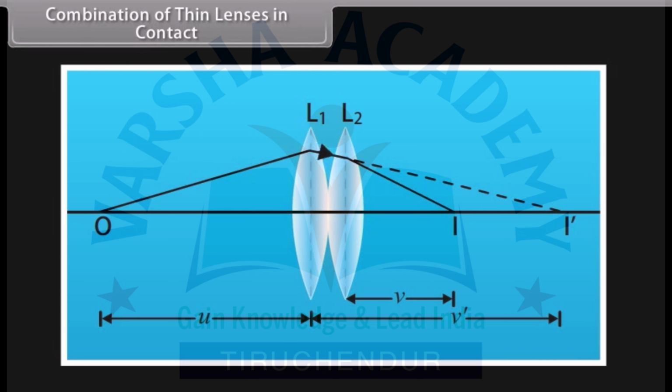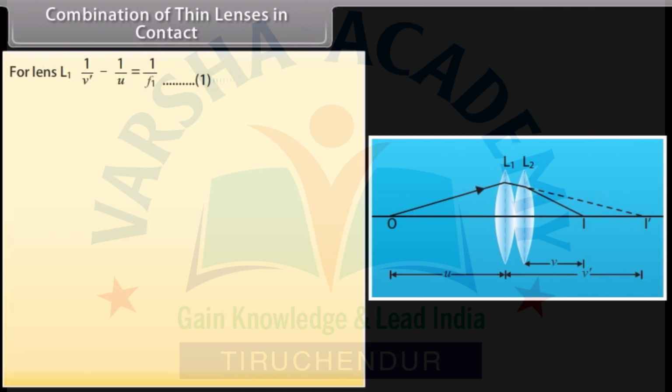That is, I' is the image formed by the first lens, L1, alone. If v' is the distance of image I' from the lens L1, then for lens L1, 1/v' minus 1/u is equal to 1/f1. Name it as equation 1.